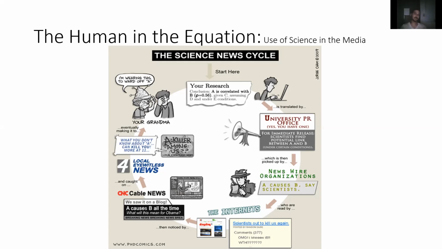And basically, we can see how the message, the original conclusion of the researcher, gets distorted through time. In the media, this is usually in one way or another coming from the desire to make a story. Sometimes, unfortunately, it's the case that people are trying to spread disinformation, which is the spreading of incorrect information intentionally, for one reason or another, if they have a product to sell or something like that.